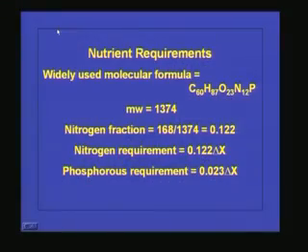Now we will see, in any biological system, for the growth of microorganisms we have to have nutrients. We should supply enough nutrients to the system, because in the empirical microbial formula we have seen that carbon is present, hydrogen is present, oxygen is present, and apart from that, nitrogen and phosphorus are there.